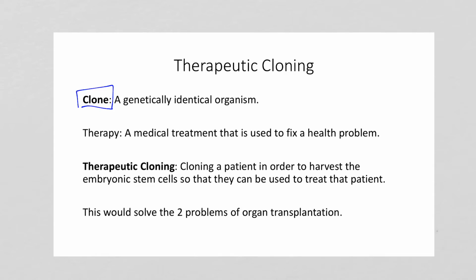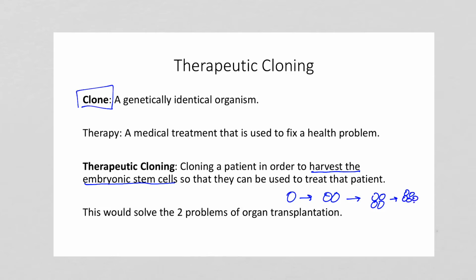Therapy, as we said before, is a medical treatment that's used to fix a problem. So therapeutic cloning is creating clones for their use in medicine. Okay? So we're going to clone a patient. We're going to make a clone of them, but we're not going to allow it to grow and turn into a person. Right? You're not going to have a copy of yourself walking around. You are going to, and it's a bit of a gruesome word, harvest the embryonic stem cells. So early on, when you make the clone, you have that one cell, which is the zygote, which divides to make 2, which divides to make 4, which divides to make 8.